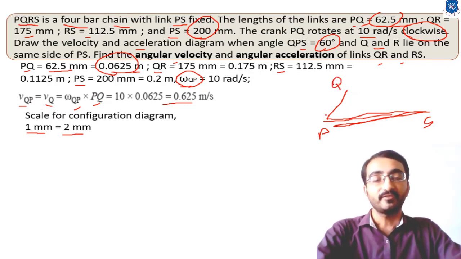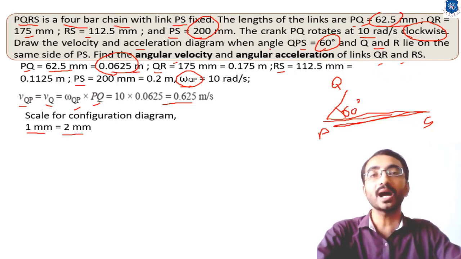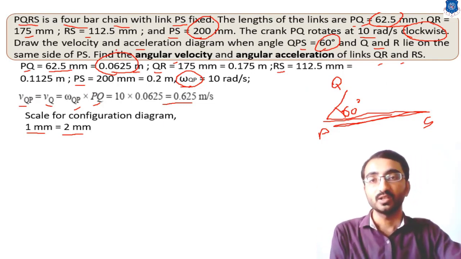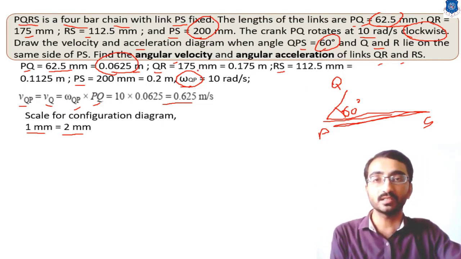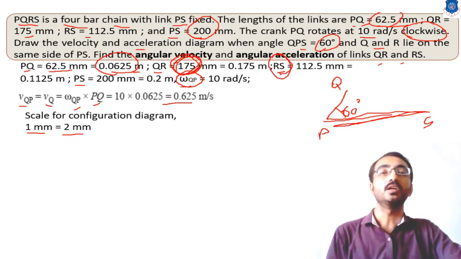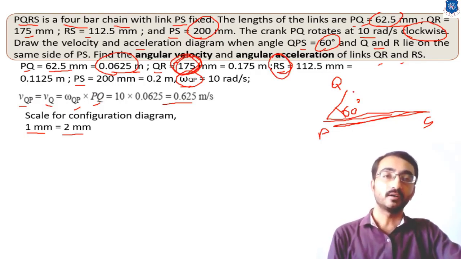Now after making the sketch at 60 degrees of PQ and PS, we come to QR and RS. The other two angles are not given, but the lengths are given. QR length is 175 mm, and the second one, RS length, is 112.5 mm. So you will apply half scale, and first consider the QR length.